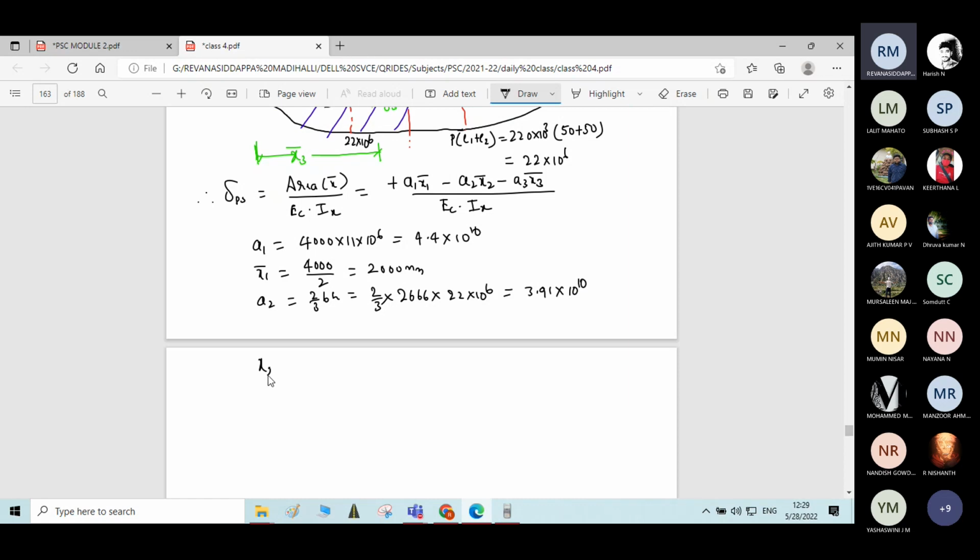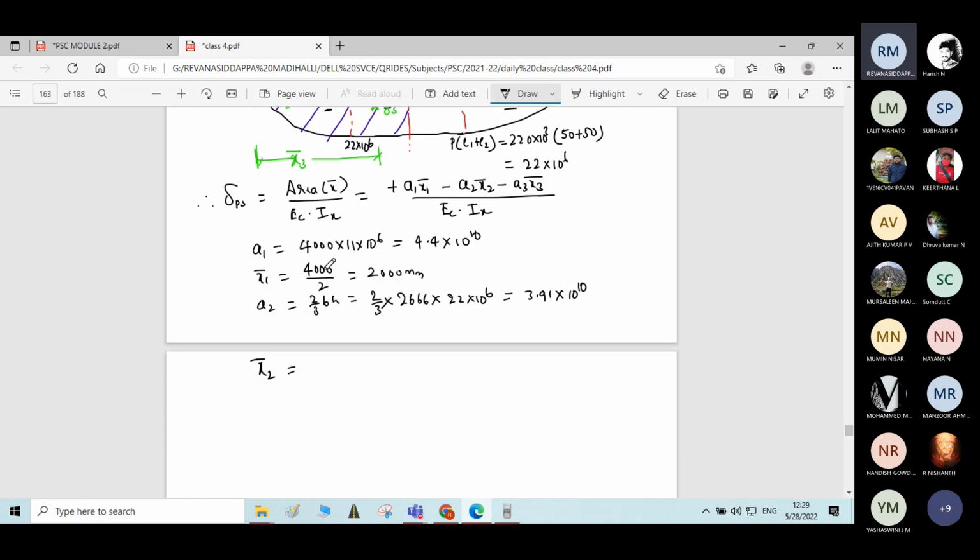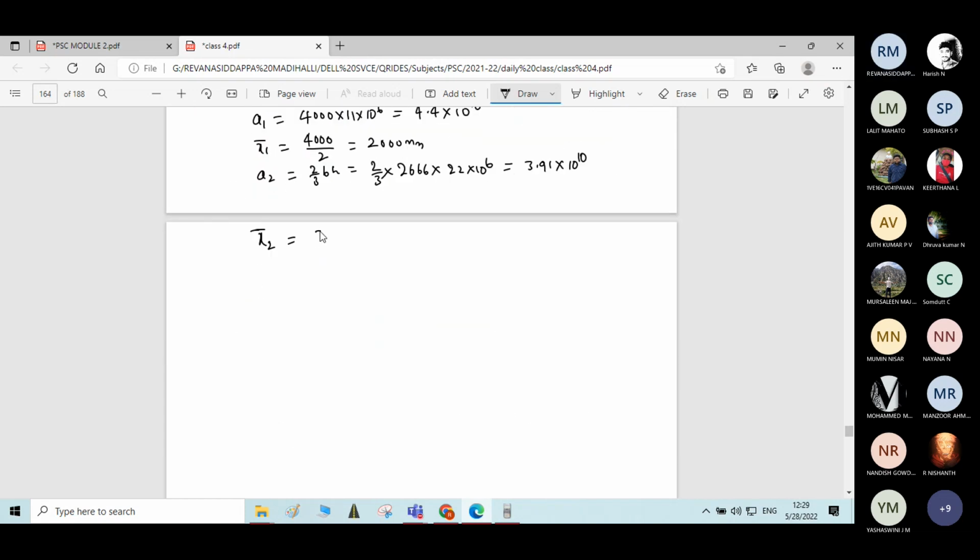Then x2 bar: for a parabola, the distance of the centroid is 5 by 8 of b. Therefore 5 by 8 of 2666 gives you 1666 mm.